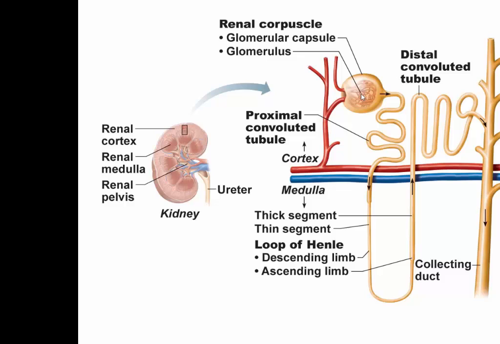Because if you remember from the cardiovascular lecture, we have an arteriole going on one side of a capillary bed, and what's on the other side? A venule, which is a tiny, tiny vein. So only the glomerulus is a tuft of capillaries with 2 arterioles. So we have the afferent arteriole leading into the capillary, and we have the efferent arteriole leading away from the capillary. The glomerulus is specifically what we're calling the capillary here.